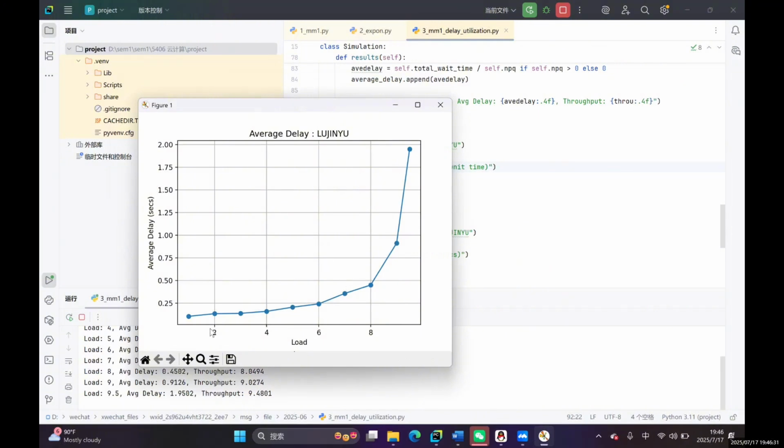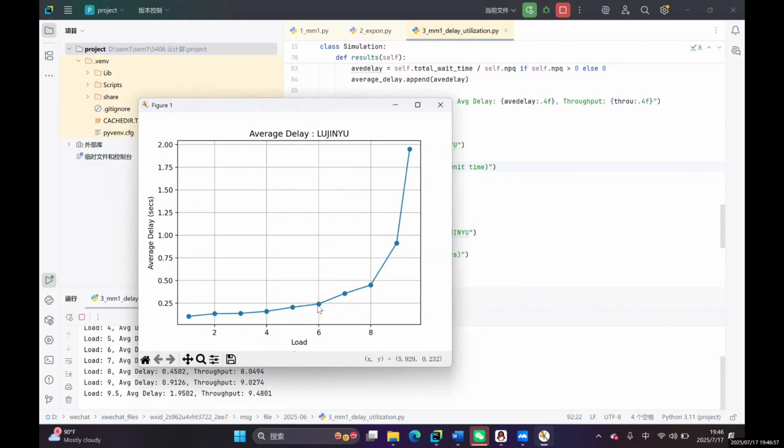The X-axis again shows the different loads, while the Y-axis shows average waiting time, which means delay. And from the delay picture, when load is low, 1 to 5, the average delay remains very low and almost stable, meaning customers are served quickly.